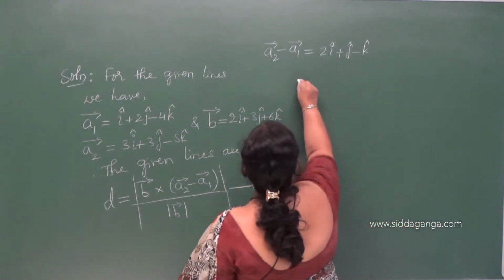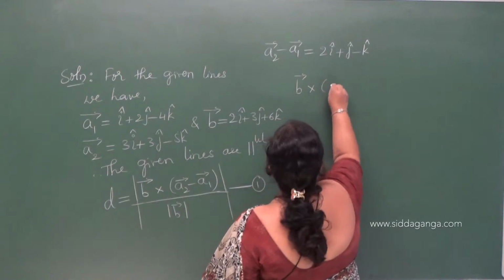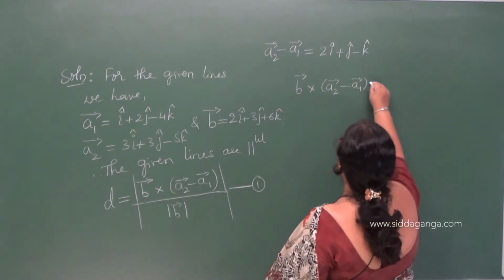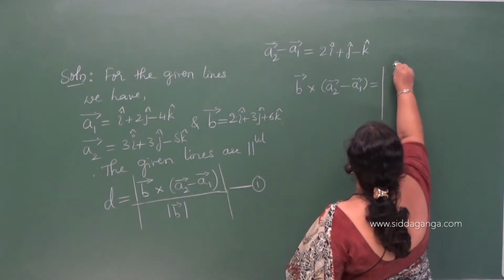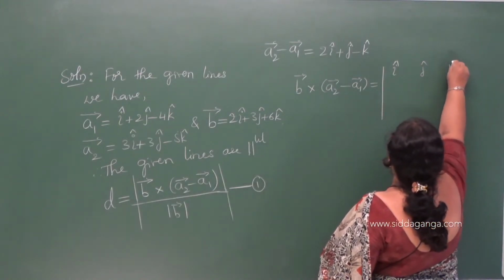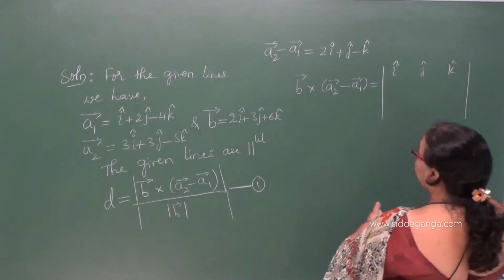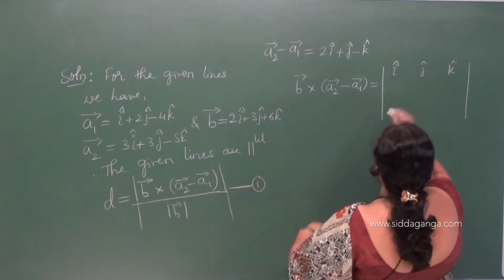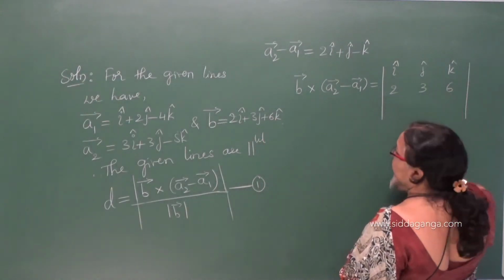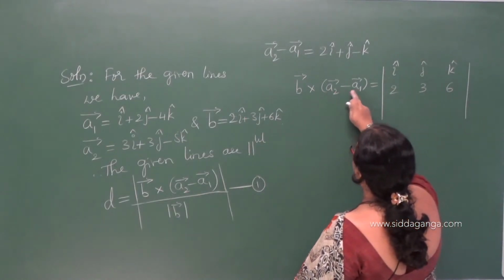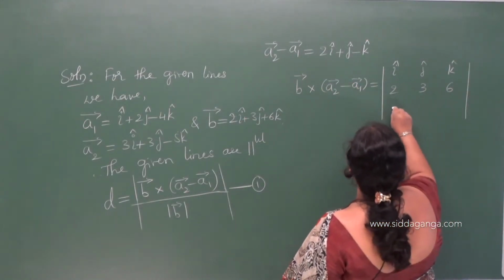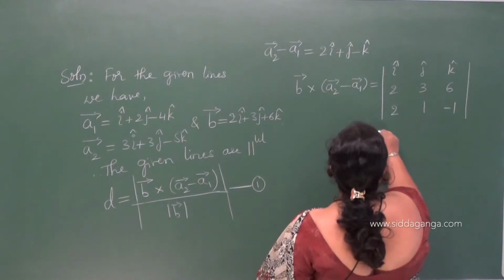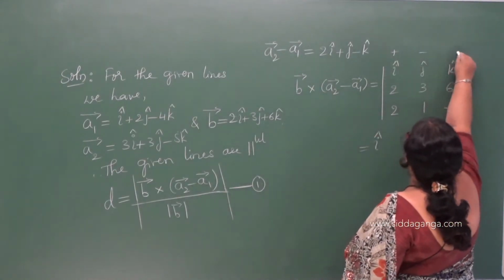Now you find vector B cross A2 minus A1 vector. It is given by the determinant with i cap, j cap, k cap. Second row, B vector components 2, 3, 6. Next, A2 minus A1 vector components 2, 1, minus 1. Now you expand it, with signs plus, minus, plus.